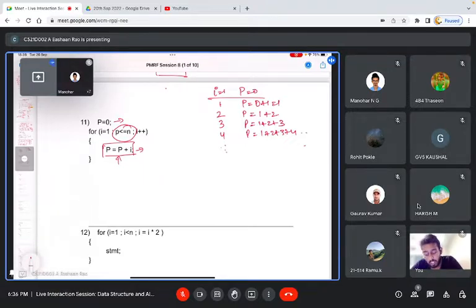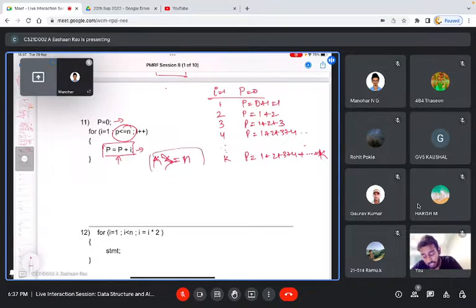So we have to see that till a certain k value, that is p equal to 1 plus 2 plus 3 plus 4 plus up to some k value, where we will find that this is greater than or equal to n.